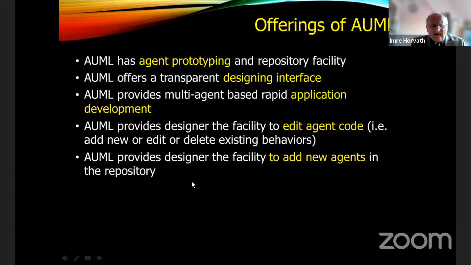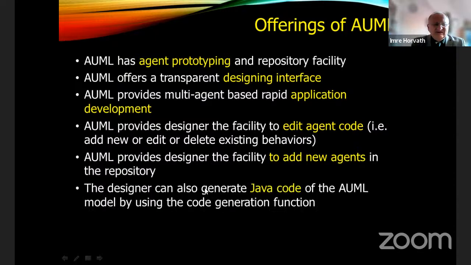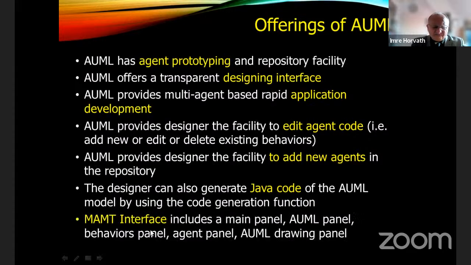The AUML also provides designers with the facility to add a new agent in the repository so the new element can also be stored. The designer can also generate Java code of the agent unified modeling language model by using the code generation function. So the multi-agent modeling interface includes the main panel, a panel for the agent unified modeling language, a so-called behavior panel, an agent panel, and the drawing panel.